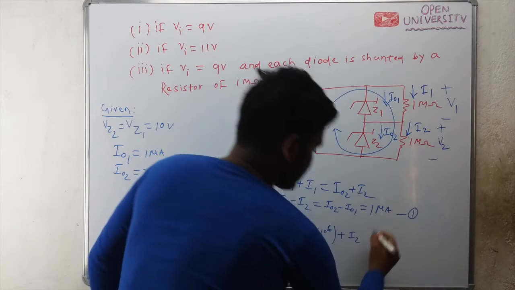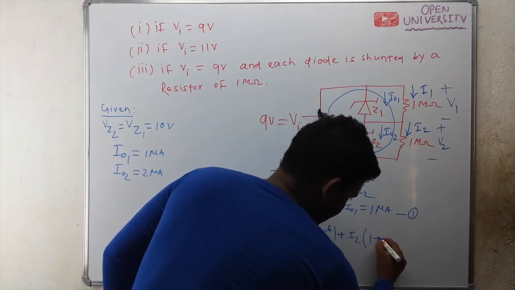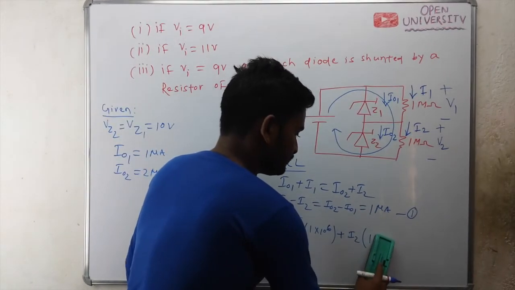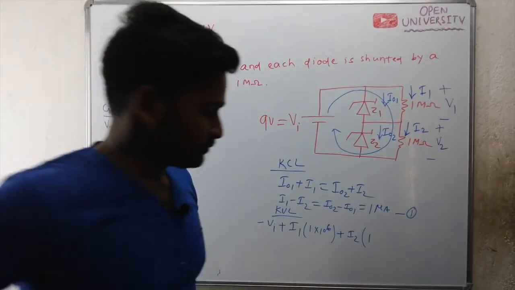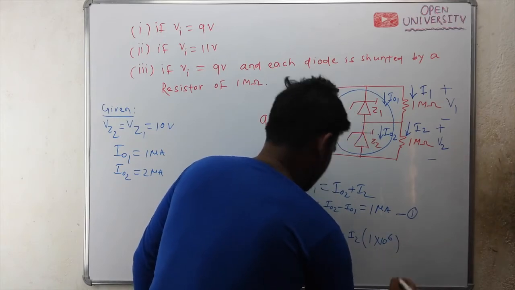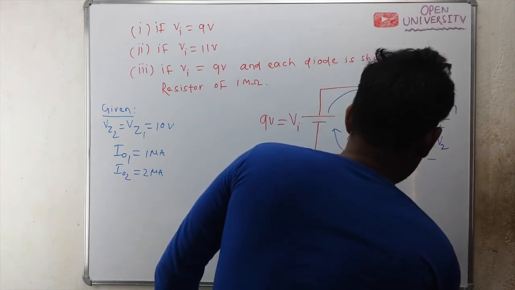The voltage across this resistor is I2 into 1 into 10 power 6, equals 0.